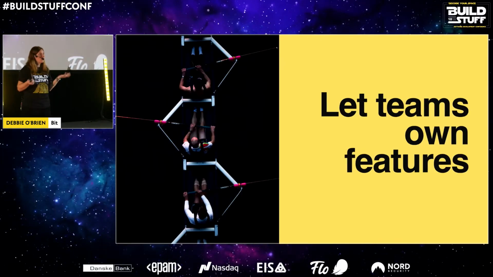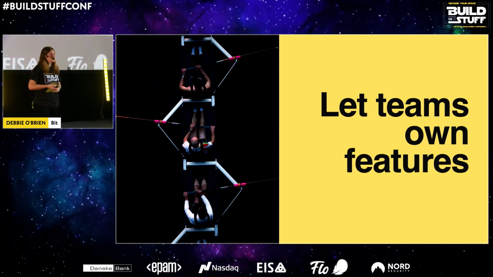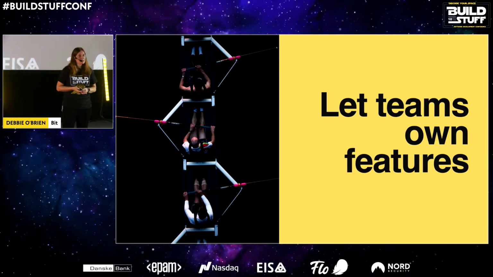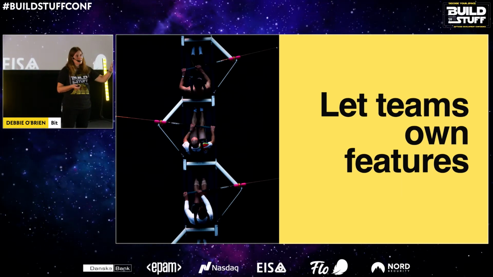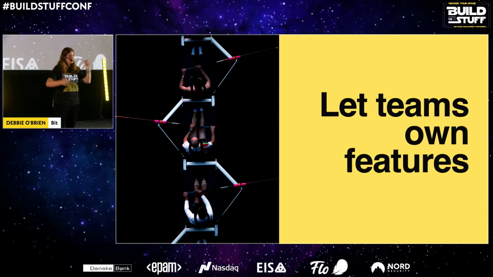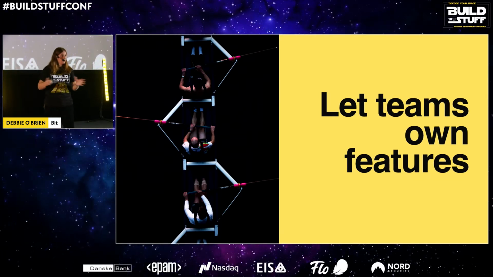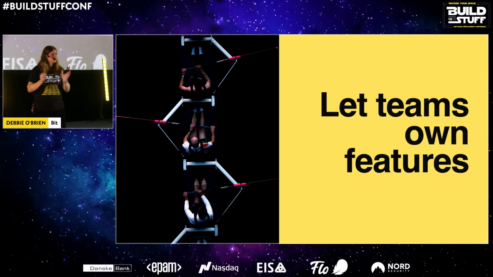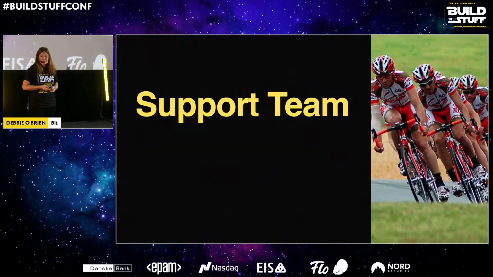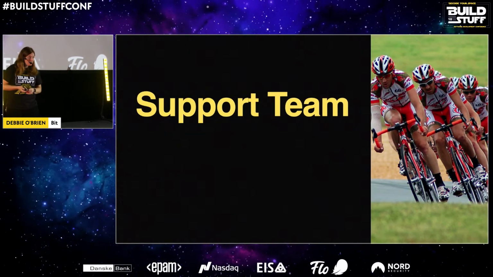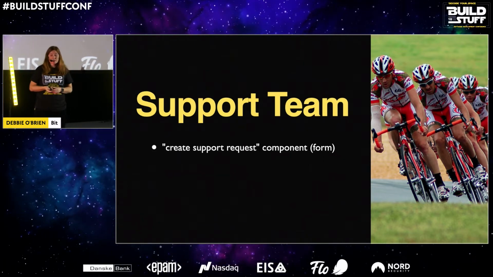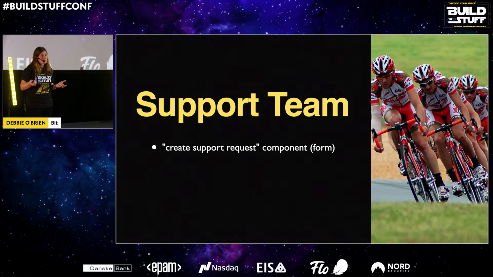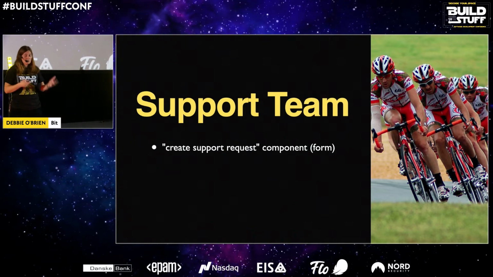Now, first of all, what do we want? We want teams to own features. We want to be able to say, you own the shopping cart area, that's yours. You own the product, you own the support, etc. And then if you own that feature, that's all you have to worry about. So here's my support team, for example, and the support team would own the request component, the form that users use.